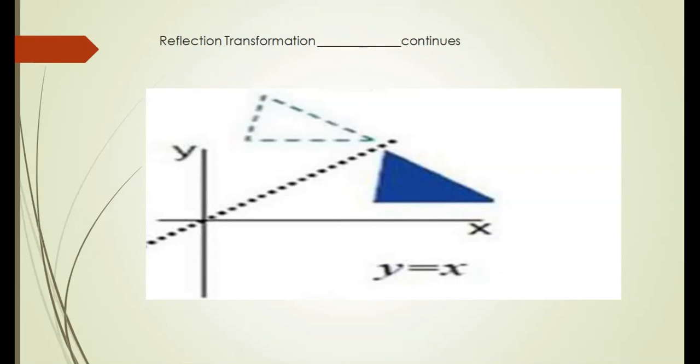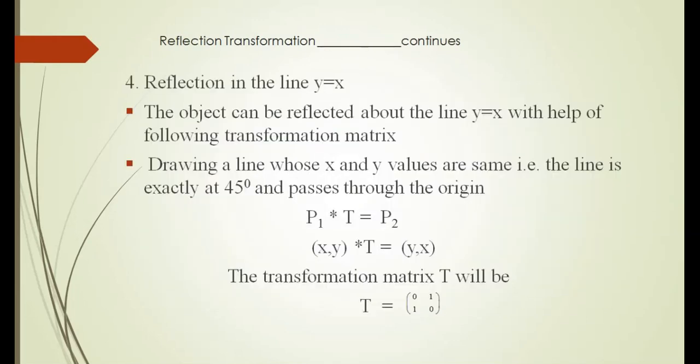So here the values of x and y are interchanged along this line, that is the 45-degree line. Here the transformation matrix T will be T is equal to 0 1 and 1 0.